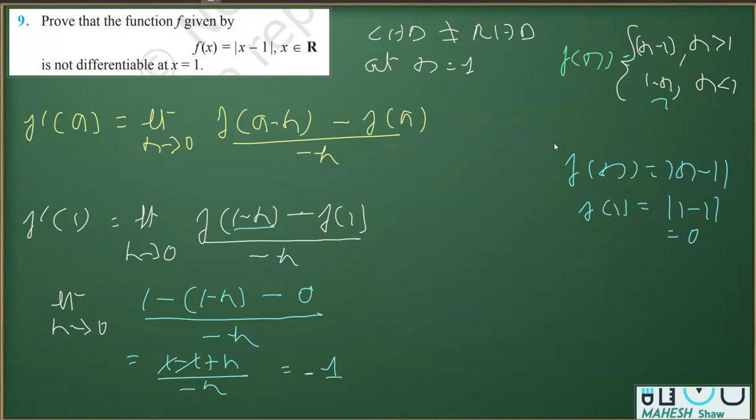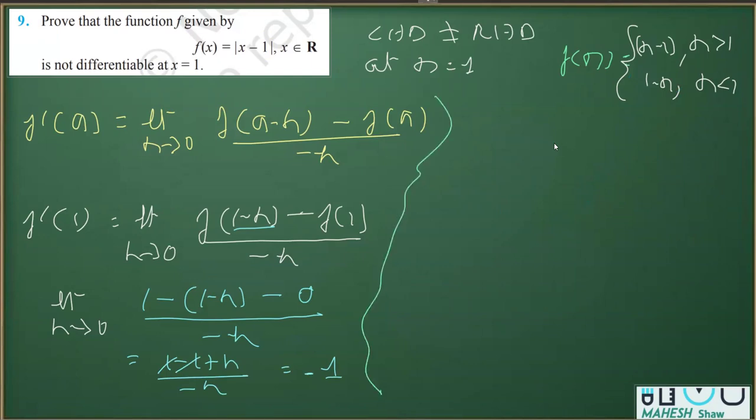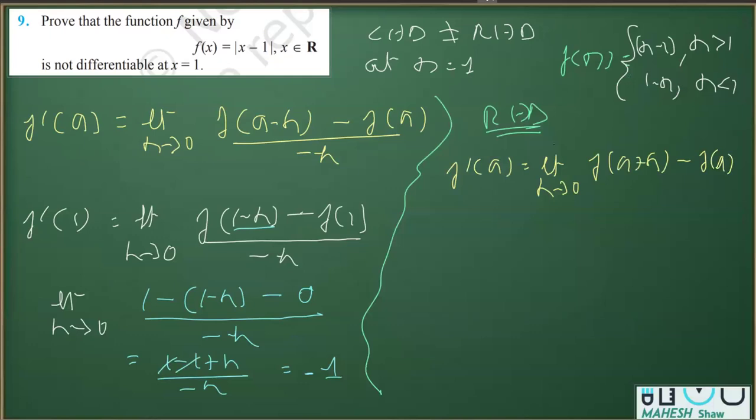Now let's do the RHD. For RHD, the formula will be f'(a) = limit h tends to 0 of [f(a + h) - f(a)] / h. Now we are calculating f'(1).